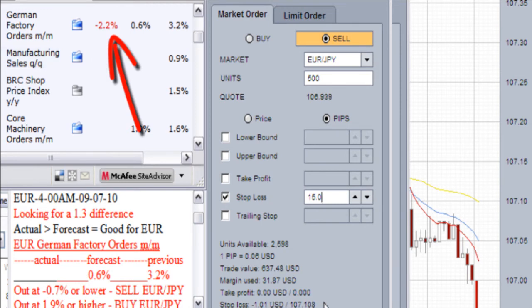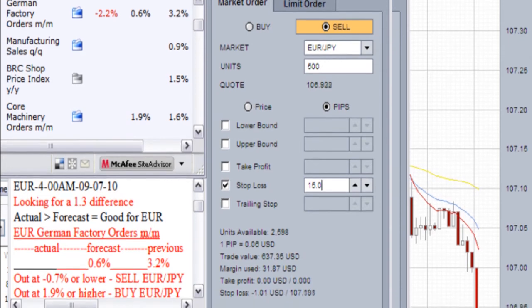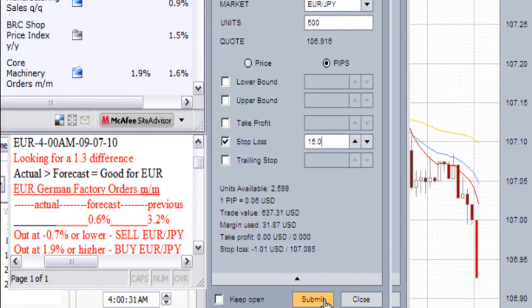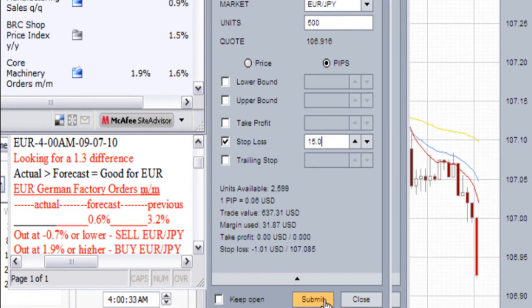In this case, the actual report came out lower than the forecast by 2.8%, lower than the trigger point by 2.1%, and 5.4% lower than the last month's report. This report was bad for the euro, so I decided I will execute a sell of the euro and buy the Japanese yen.